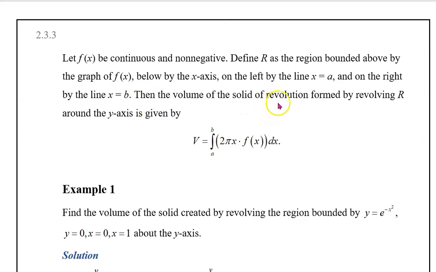The volume of the solid of revolution formed by revolving the region around the y-axis is given by this definite integral: the integral from x equal a to x equal b of 2 pi x, remember that's the length of the stick of gum, times the function value, remember that's y, which represents the width of the gum, times the depth of the gum, or the height of the gum, which is the differential dx.